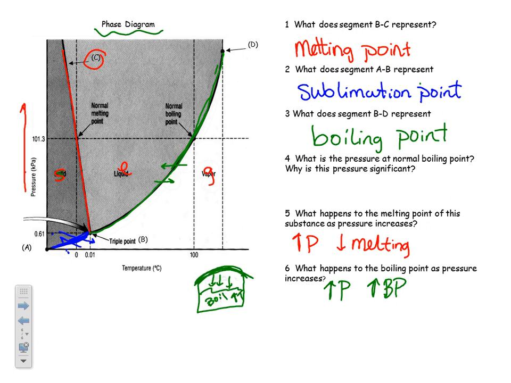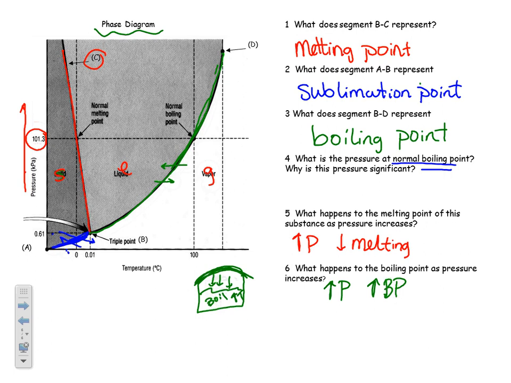So what is the pressure of the normal boiling point? So here's the thing, you guys. Because these are changing, we measure a normal boiling point and a normal melting point. Notice that this is listed as normal, 101.3 kilopascals of pressure. And that pressure is significant because that is standard pressure.